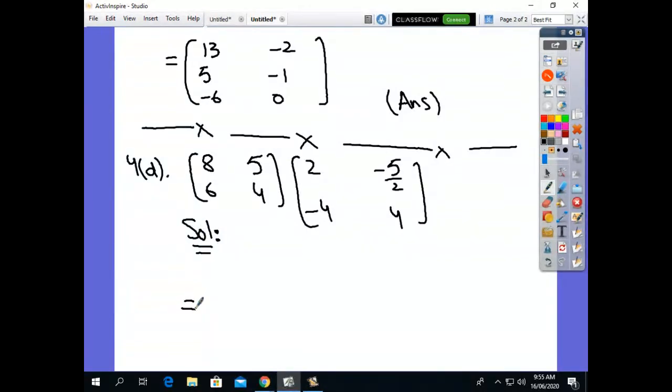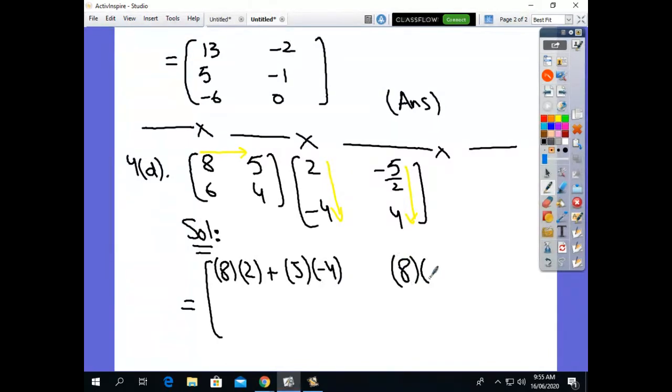First of all, we multiply the first row with both the columns, column number 1 and column number 2. We take 8 with 2 plus 5 with negative 4. Now 8 with negative 5/2 plus 5 with 4.